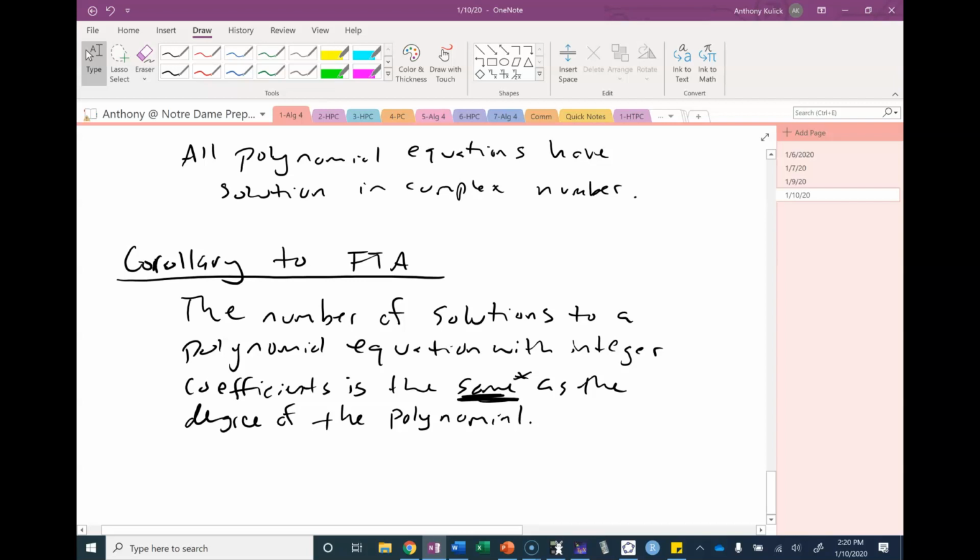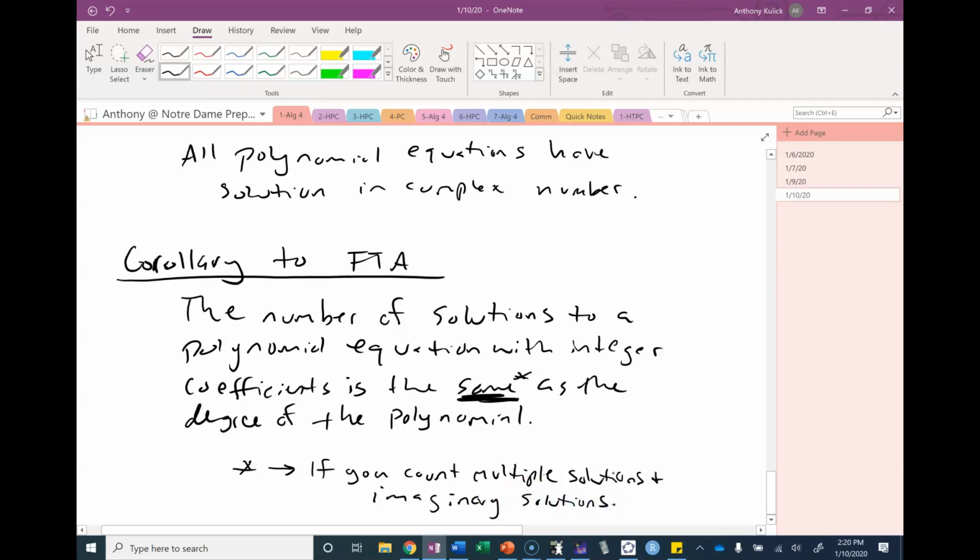Now you'll notice that I've underlined and starred the same. The reason I put the asterisk there is it's only the same if you count the multiple solutions and you count the imaginary solutions.